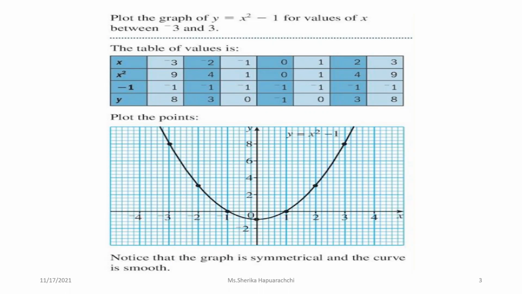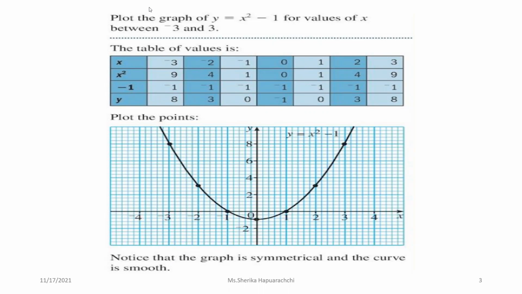So remember, when you get a question like this, if they have mentioned any values for x, you have to take the same values. If they have not mentioned any values, then you have the freedom to take any values that you want. But make sure when you're taking values, you cover both the negative and positive side.